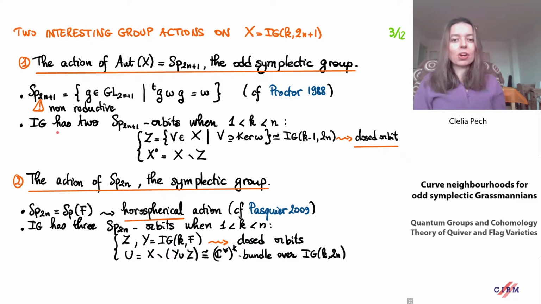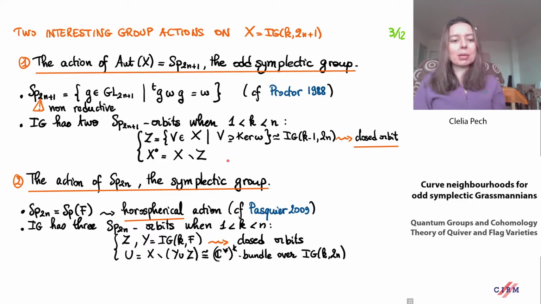But under the action of this group, I have 2 orbits. One is isomorphic, as before, to the IG(k-1, F) I mentioned in a slide before. This corresponds to the closed orbit. And then you have the complement, the open orbit.